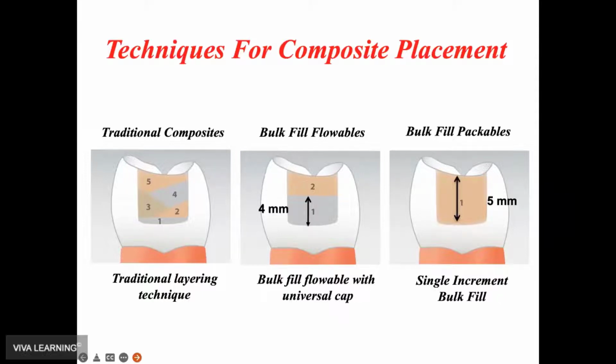And then true bulk fill materials, now called bulk fill packables or condensables, that literally create a singular monolithic block of composite, effectively eliminating layers. I think that's a goal we should have in placement, because anytime you're layering composite, my layering, your layering, whoever's layering, there's always the ability for microleakage and damage.